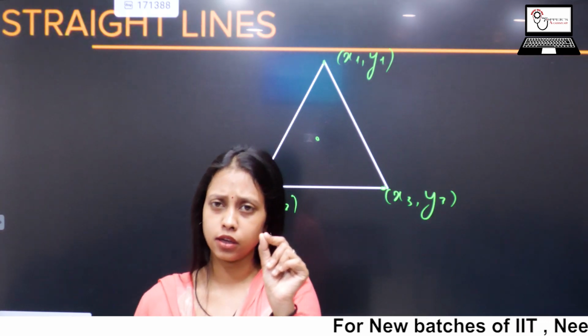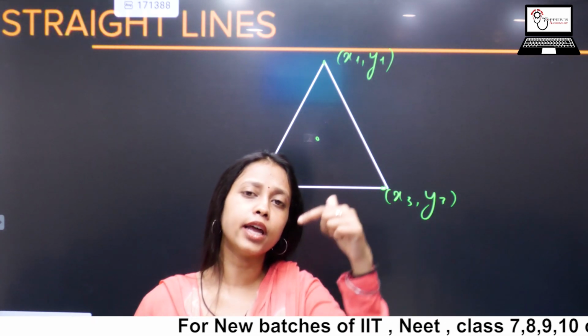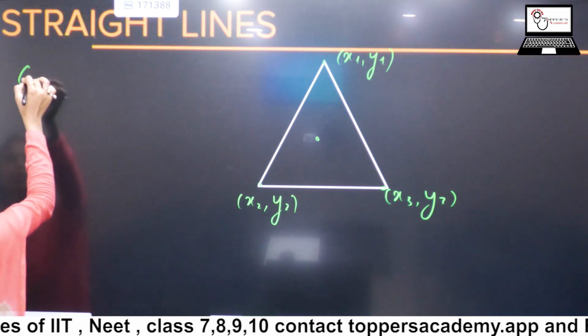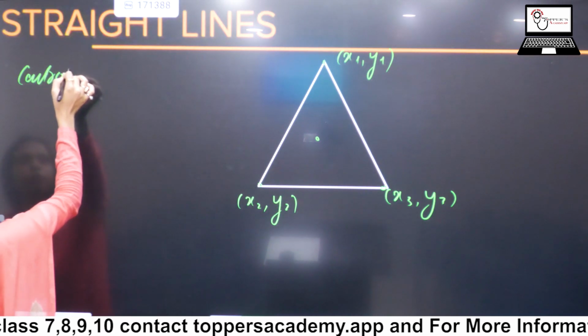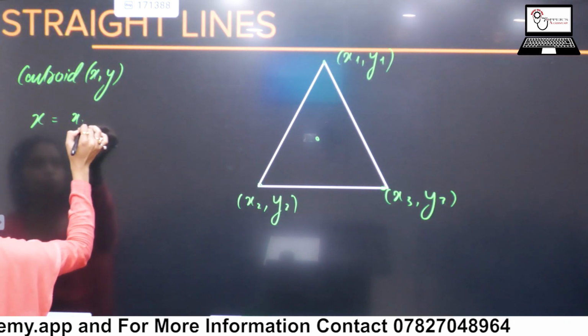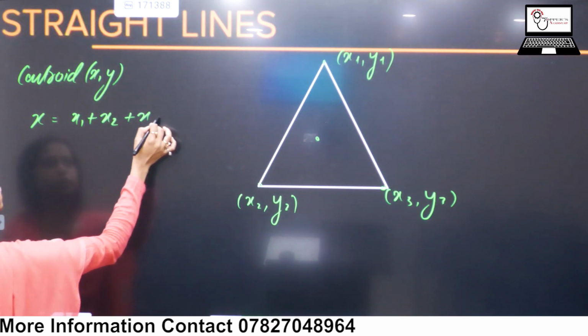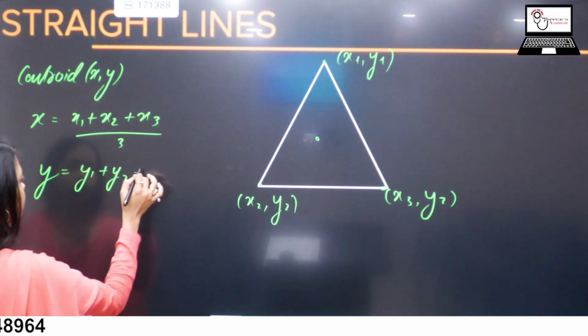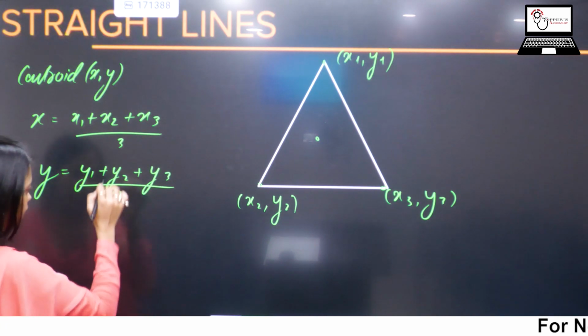So, that is a point, right? If I want to find the coordinates of that point, the centroid is given by x comma y, where x is equal to (x1 plus x2 plus x3) by 3 and y is equal to (y1 plus y2 plus y3) by 3.